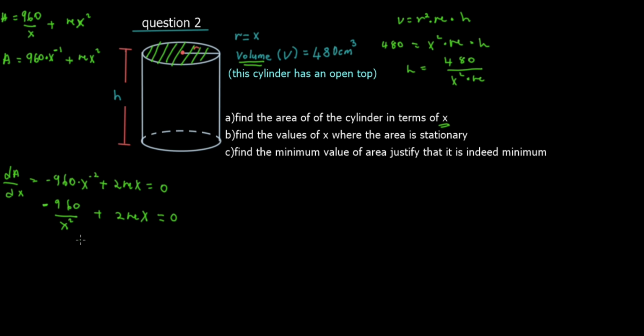Multiply everything by x squared to have -960 plus 2 pi x cubed equals 0. Add 960 to both sides. Now you're going to have 2 pi x cubed equals 960.